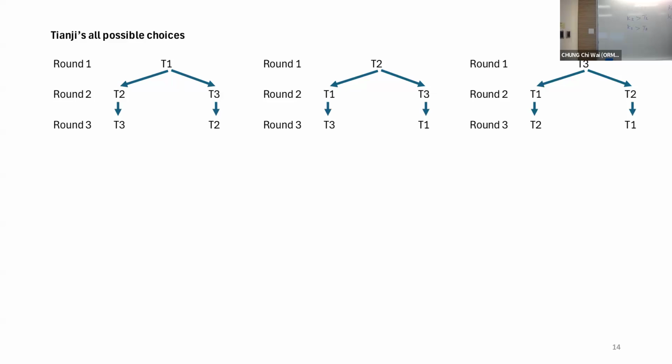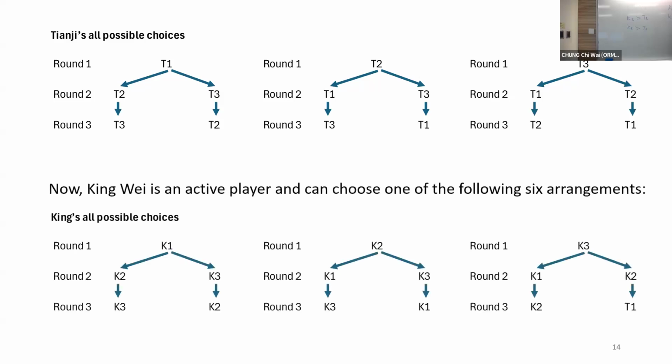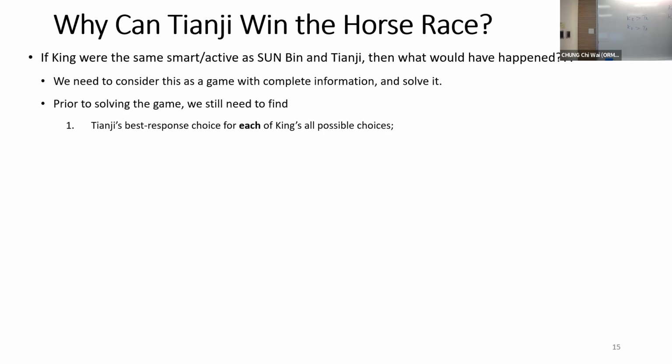So here are the six orders, and if we can identify the possible points, the king can choose one of these six points. So it came with the same smart arrangement and Tianji, then what would happen?